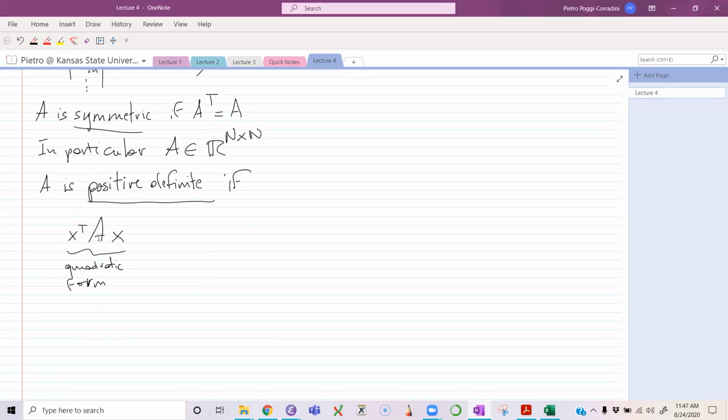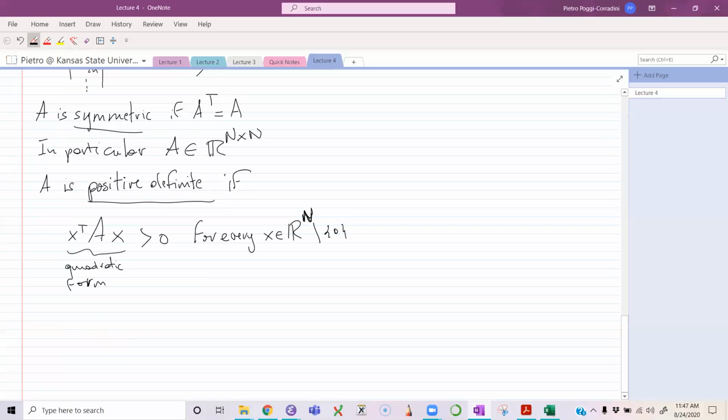And to be positive definite, you need to assume that this is actually strictly positive for every vector x in R^n which is not the zero vector.